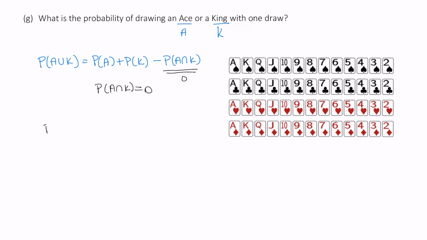So really, all we end up with is the probability of A or K is equal to the probability of A plus the probability of K.